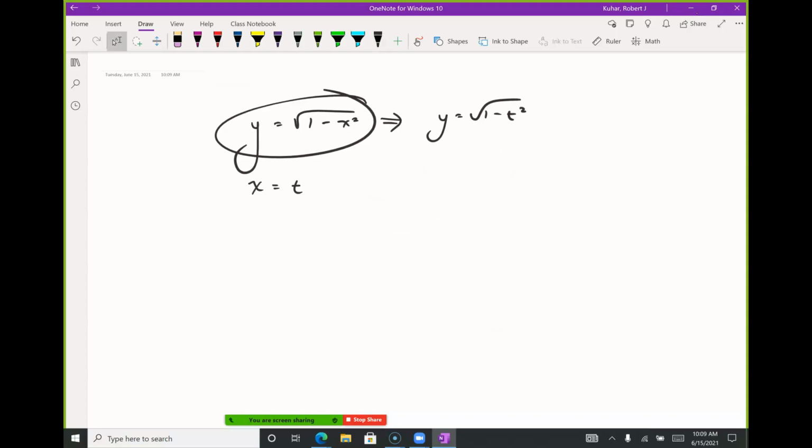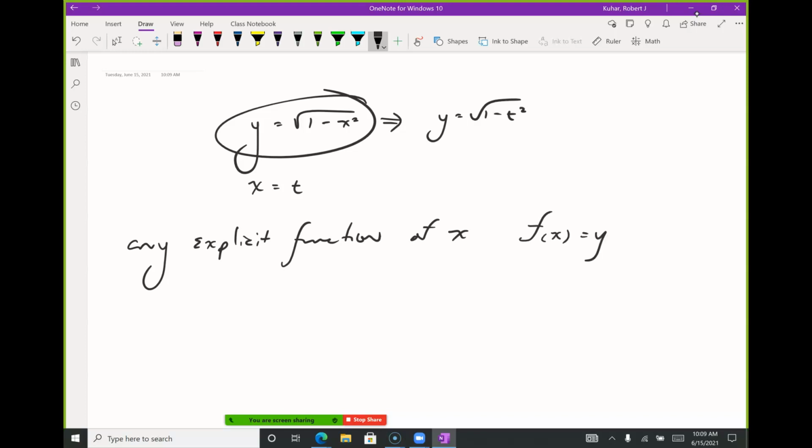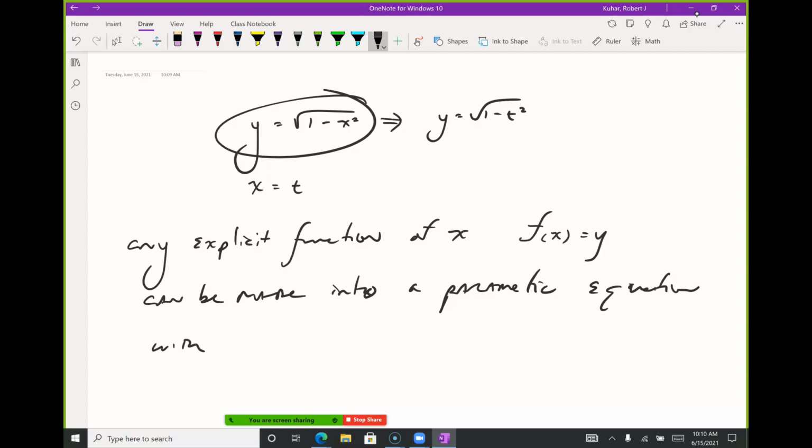But this is a key: any explicit function of x, f of x equals y, can be made into a parametric equation, and it's a cheap version, okay, with x equals t and y equals f of t.